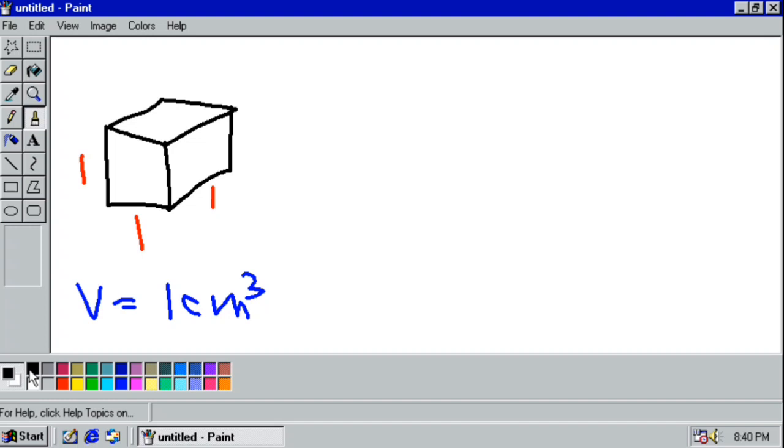So let's say we have a rectangle that measures 2 centimeters by 3 centimeters. So let's have a rectangle here. This side has 2 and 3.